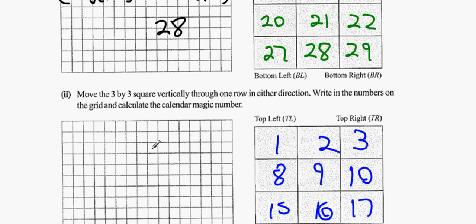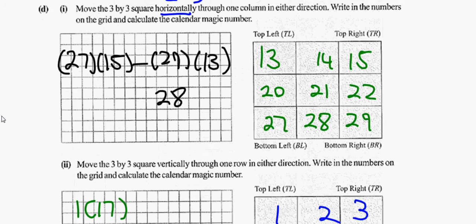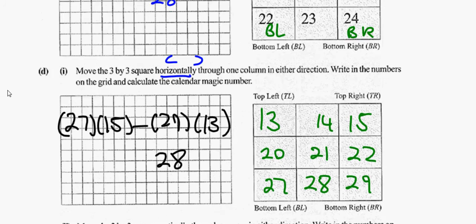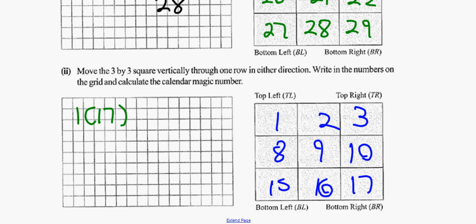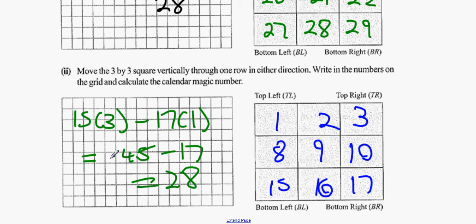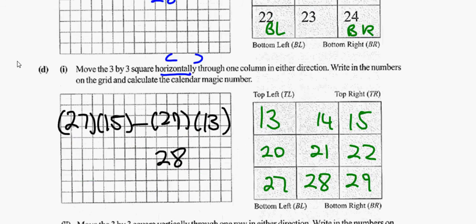So once again, we multiply bottom left by top right, so I just got that the wrong way around. It's going to be 15 times 3 minus 17 times 1. And that's going to get you 45 minus 17, which is 28. So no matter where we move it, the magic number always seems to be 28.